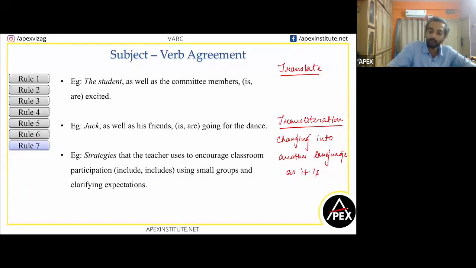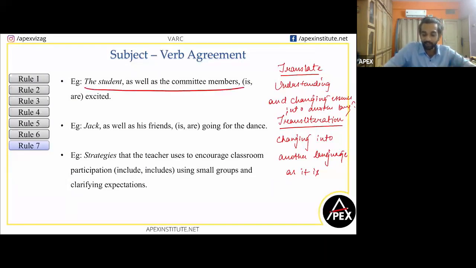Translation is understanding and changing the essence into another language. If you translate this and transliterate it, there'll be a difference. Now, ideally, there should be no difference, but there is a difference because of our human bias in understanding.